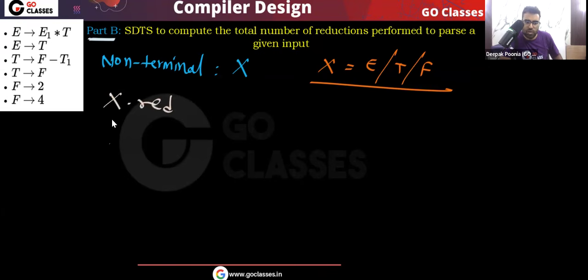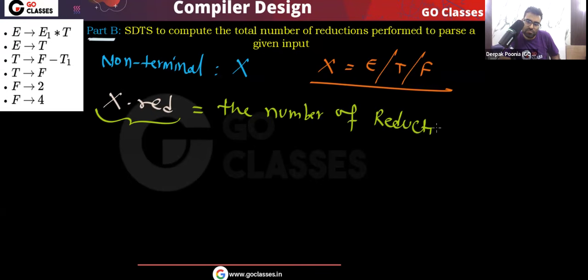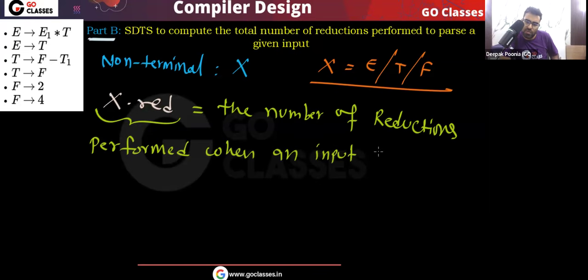What does x.red mean? It is the number of reductions performed when an input reduces to x.